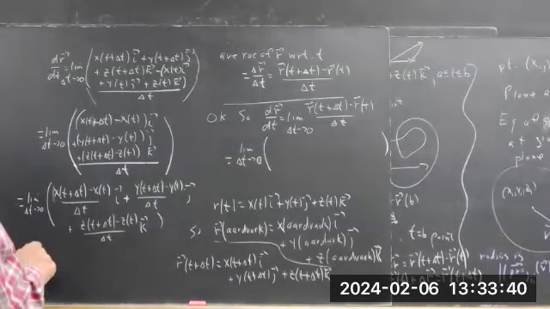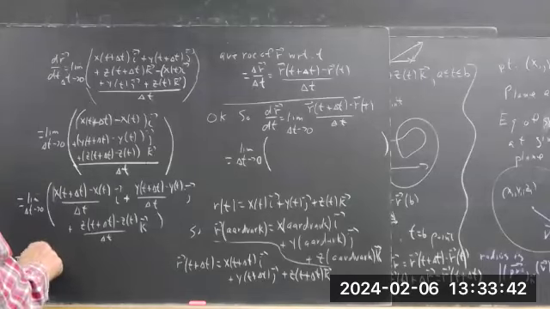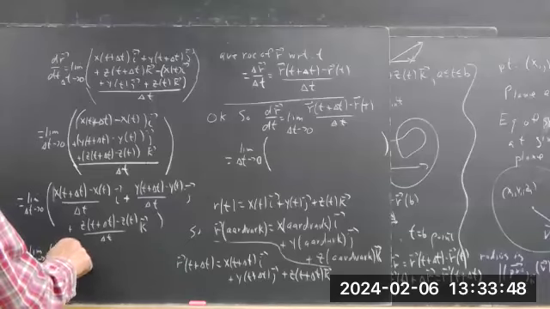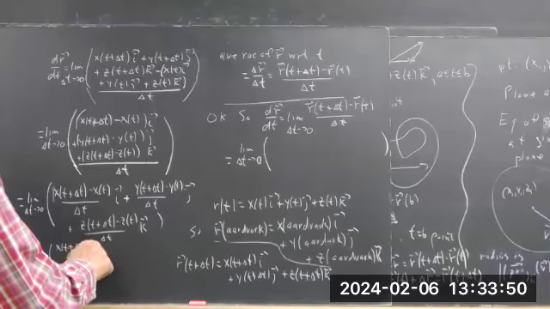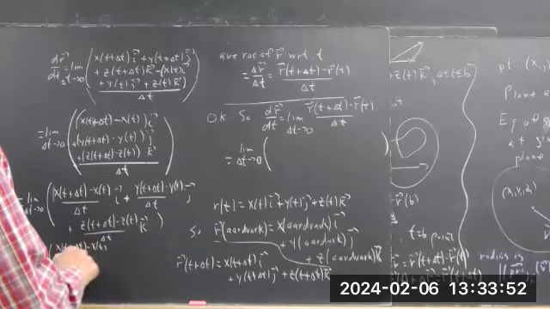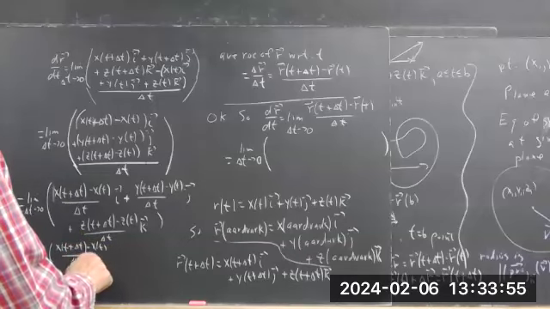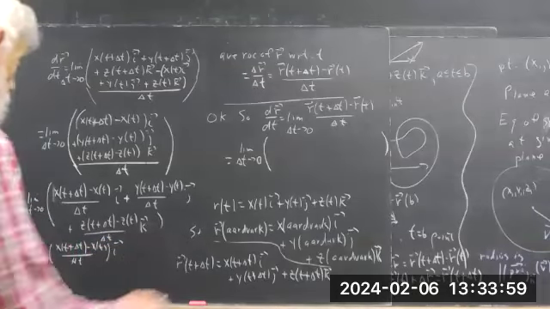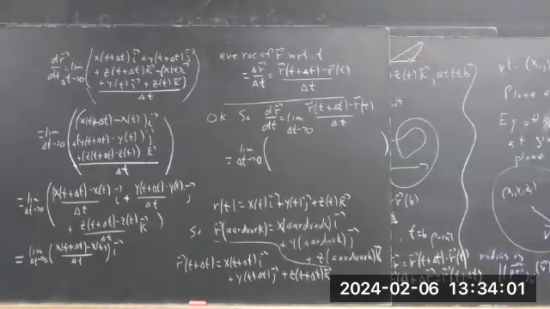Well, I can say that this is a limit as delta t goes to zero of x of t plus delta t minus x of t over delta t times I, factoring the I out of the limit altogether, because you can always factor the constant out of the limit.